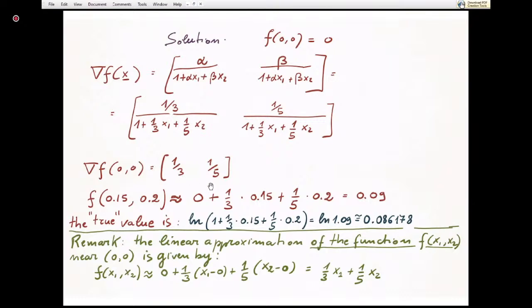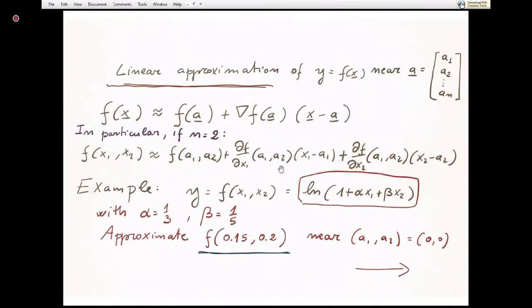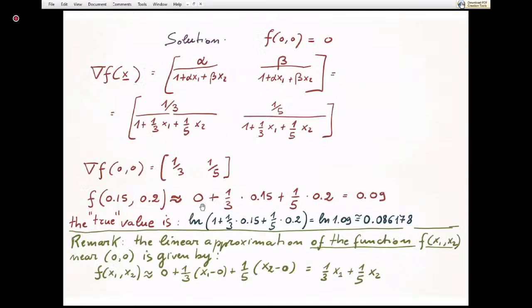Okay, so the new value of the function is the initial value of the function plus the differential. So what is f of 0, 0? F of 0, 0 is the log of 1, which is 0.